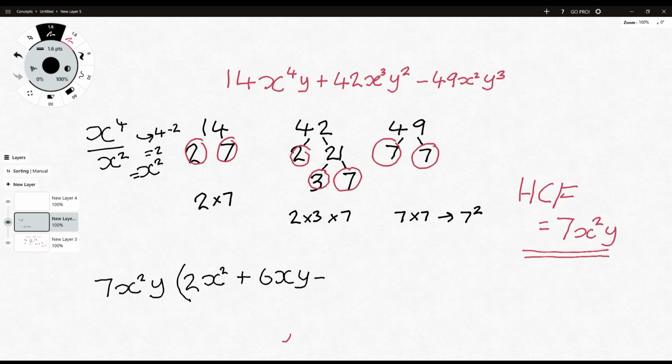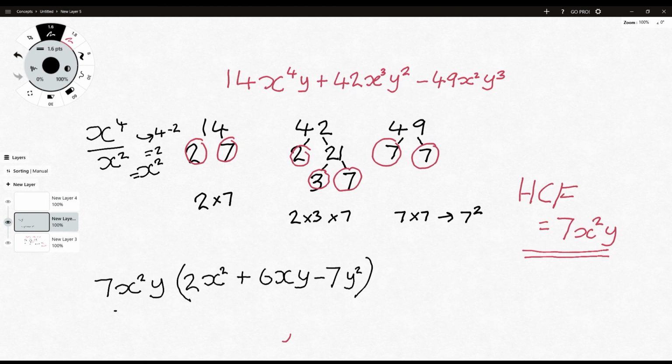And finally, the third term is subtracting, so we put the subtraction symbol in. 7 goes into 49 7 times, so that gives us 7. And x squared divided by x squared goes into itself once, so we don't need to write that in. And y cubed divided by y, 3 minus 1, gives us y squared.